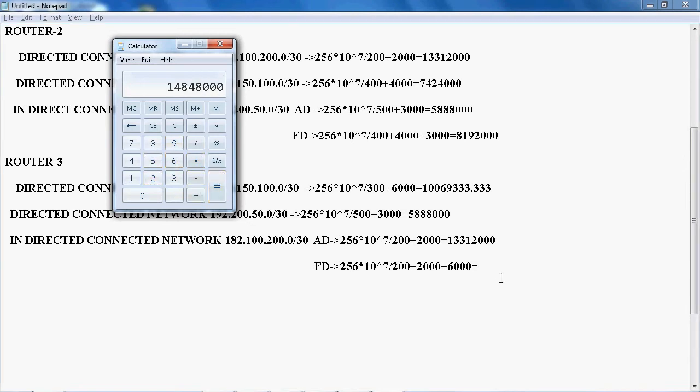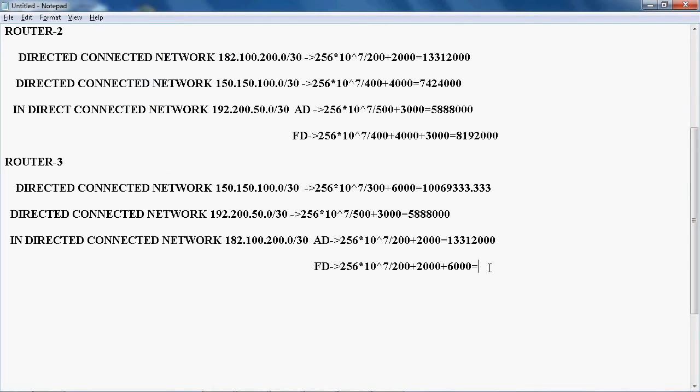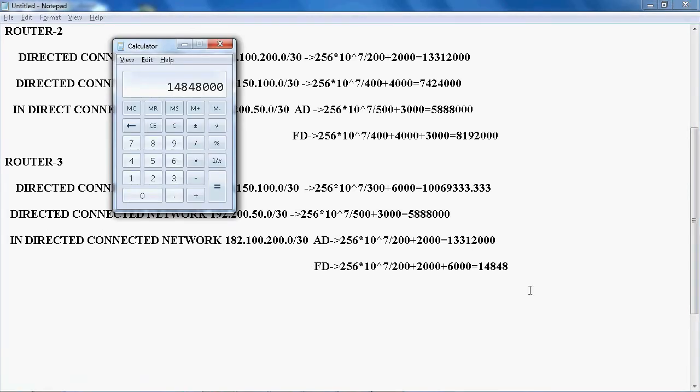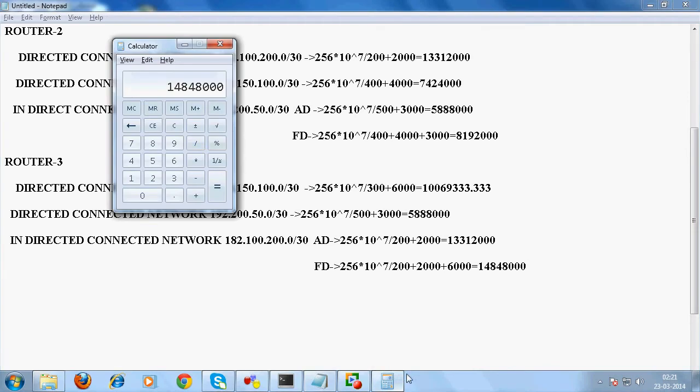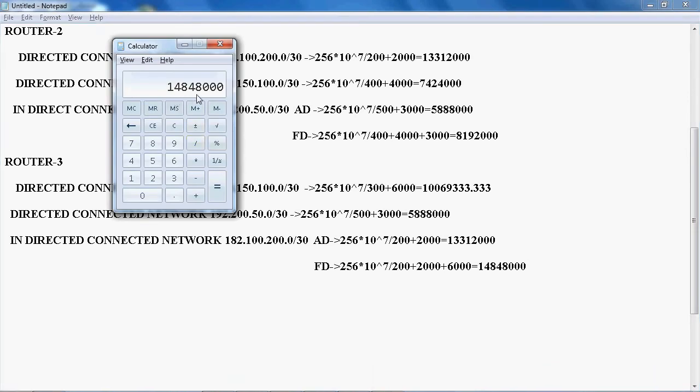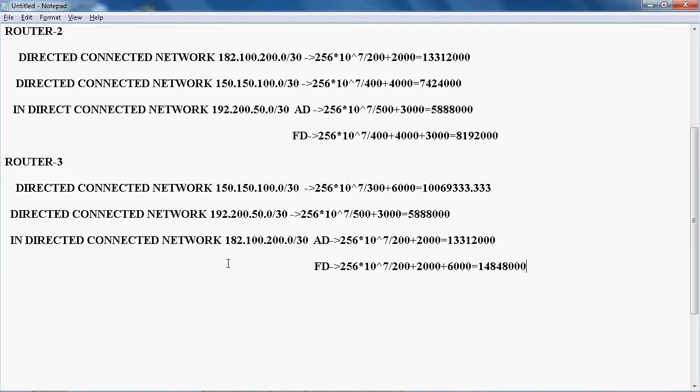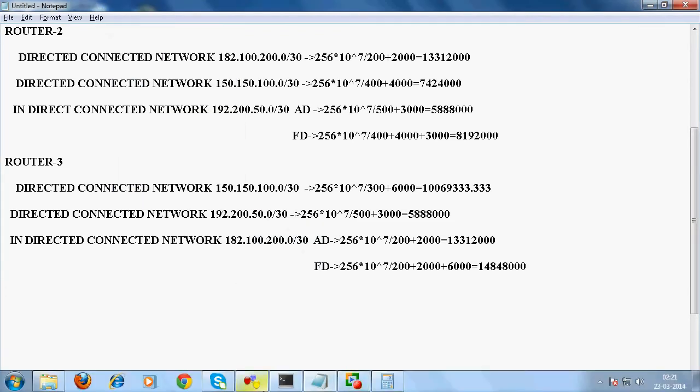So this is the feasible distance of the 182.100.200.0 network. So 148.48000, 123000. Let's check that answer. 148.48000. Okay.